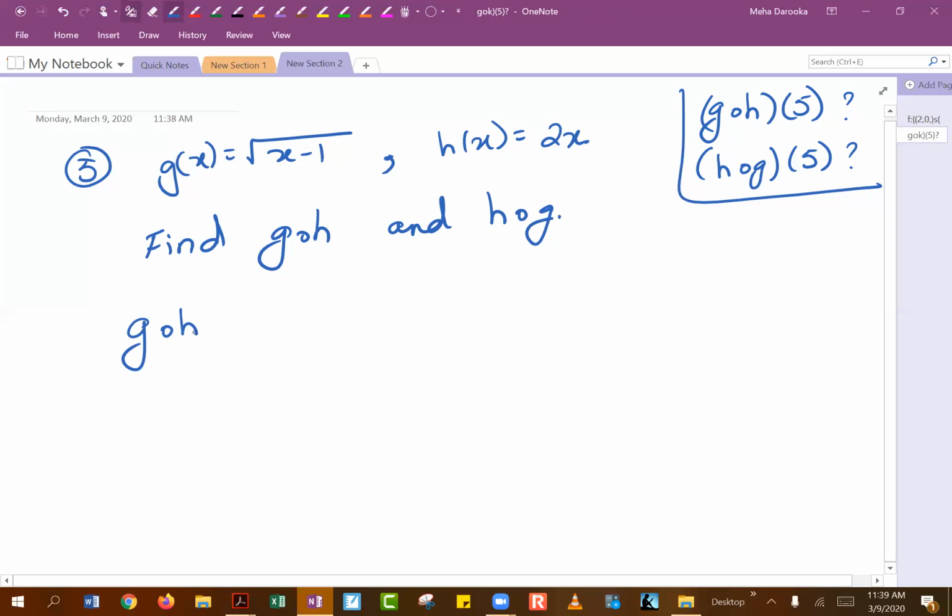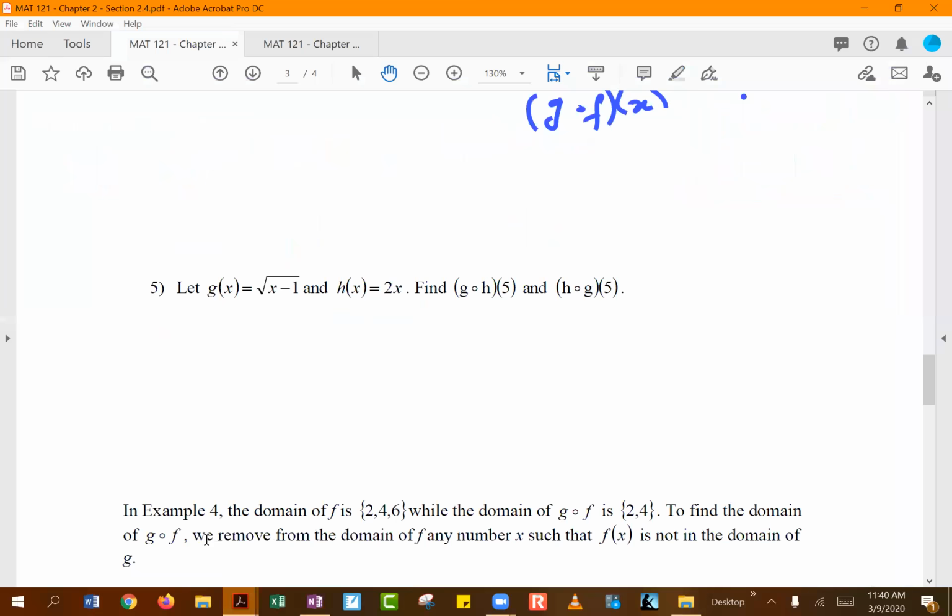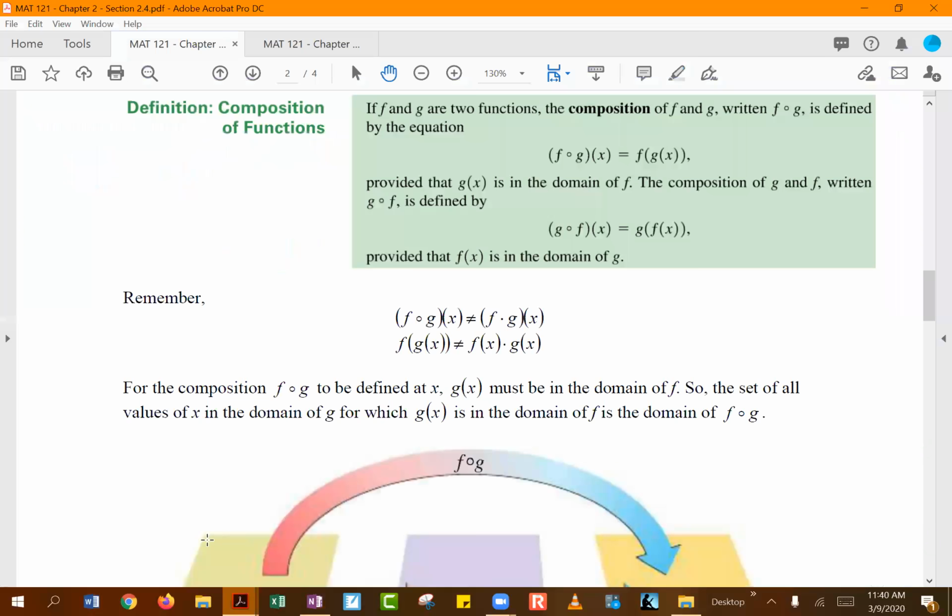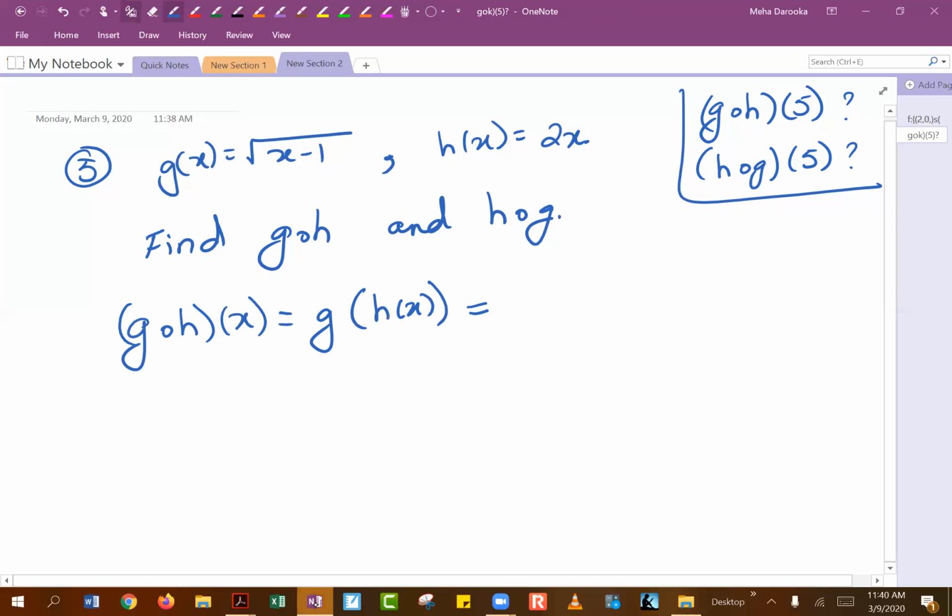If they're asking us to find G of H in the generic sense, G is going to be the outside function. H becomes the inside function. It's not multiplication, okay? So what you're going to do, H of X is given to us as what value? 2X, right?